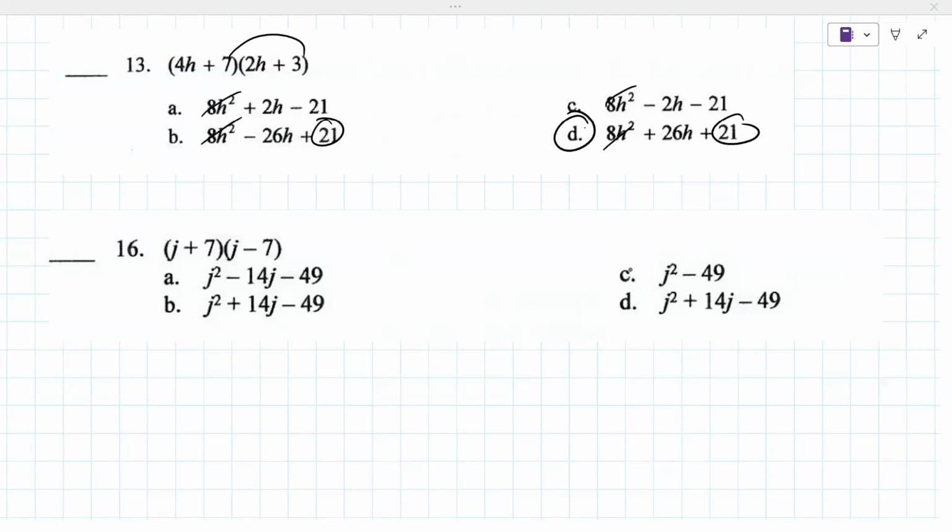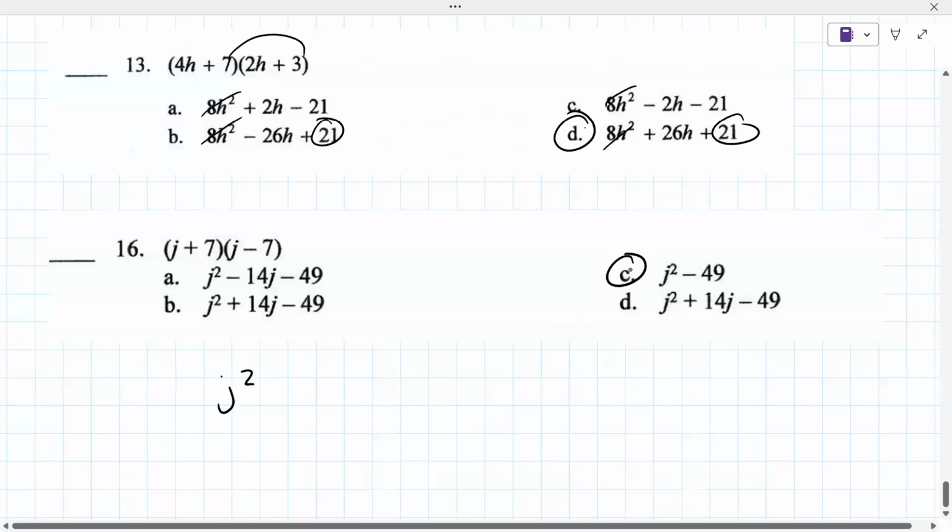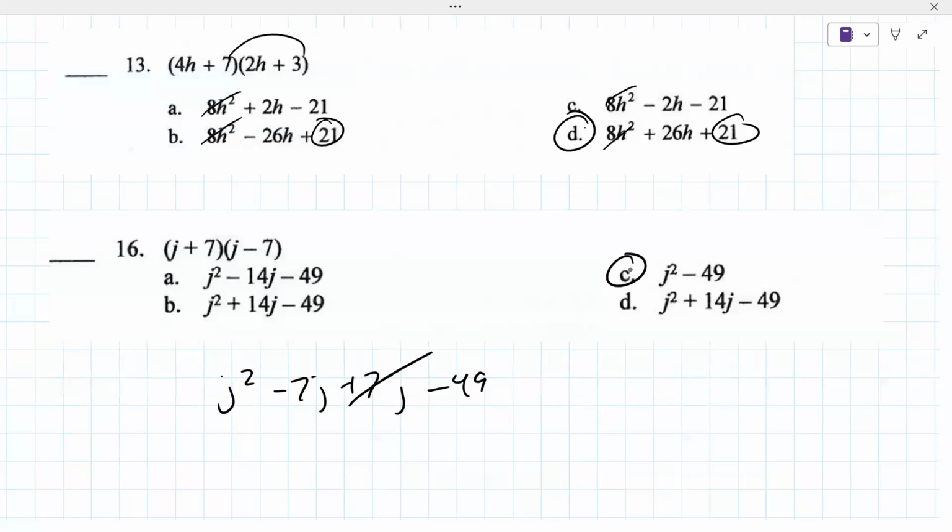It is. This is the one where when you FOIL, you get minus 7j plus 7j minus 49. Yes, they can cancel. That is possible.